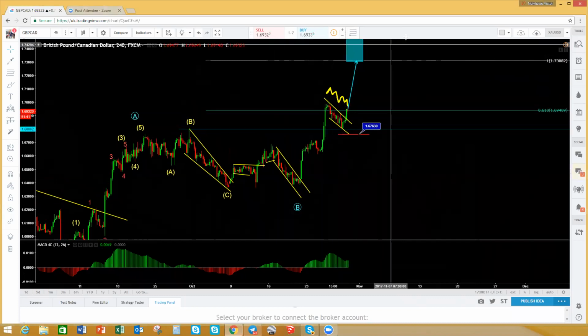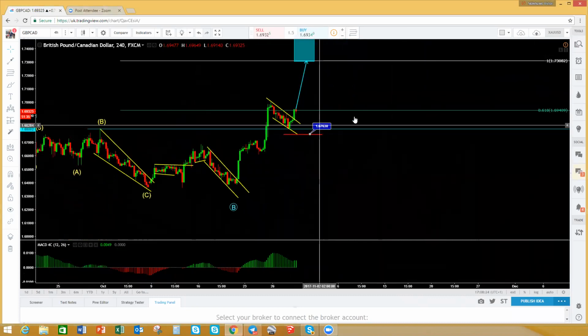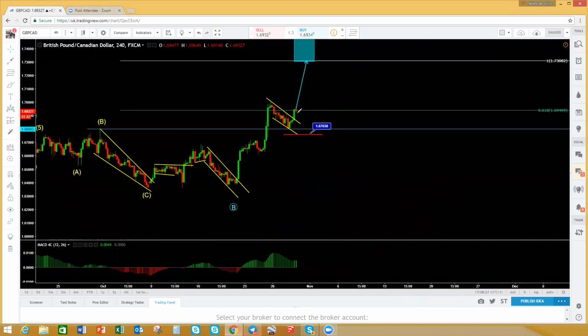So there's still over 300 pips on this one to go. Not yet done. Okay, so you can see here, I've got a stop loss for the premium group members. When we send the trades on the premium group, on our Telegram group, we put it with a stop loss and the target. So you can see here, we just put in the target under the flag, and this thing runs. Okay.